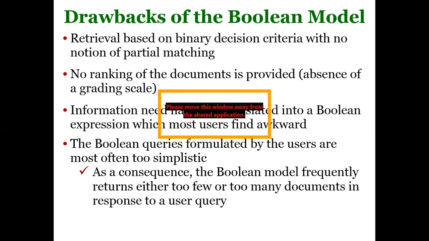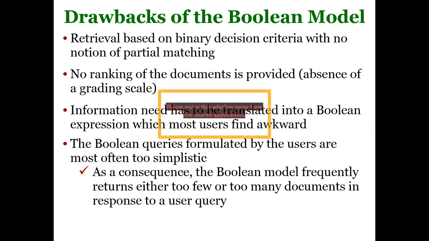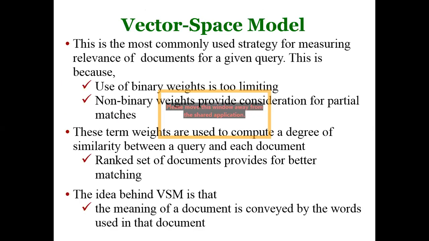Since there is no evaluation or measurement or weighting of the importance of the term, we can't apply partial matching, as a result of which we can't apply best matching. So if the documents are retrieved, all documents are considered as relevant. If not, all documents are considered as irrelevant. So the Boolean model retrieves as many documents as relevant, or as few documents as relevant, for a given user's query.